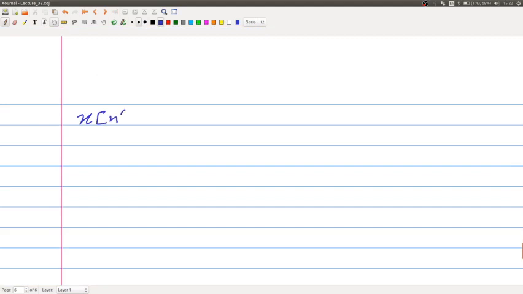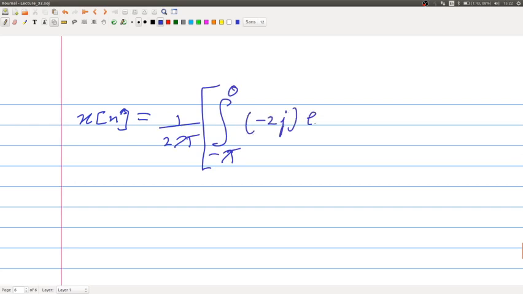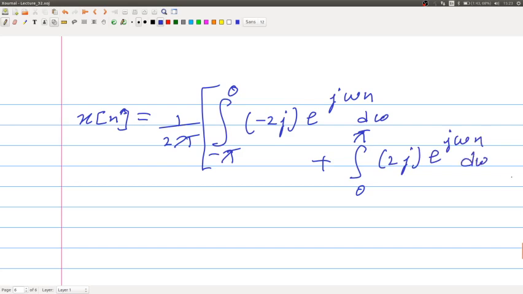So basically x of n is 1 by 2 pi integral minus pi to 0 of minus 2j into e to the power j omega n d omega plus integral 0 to pi of 2j e to the power j omega n d omega.